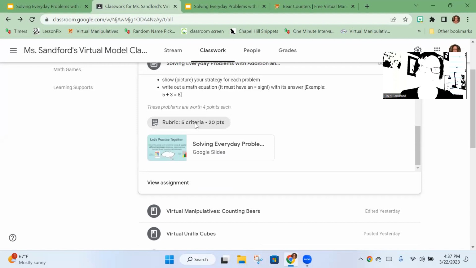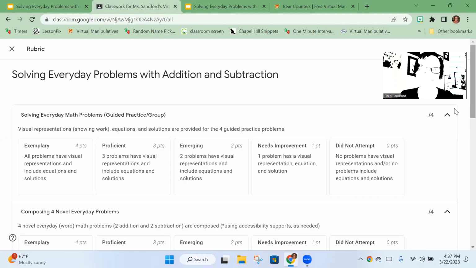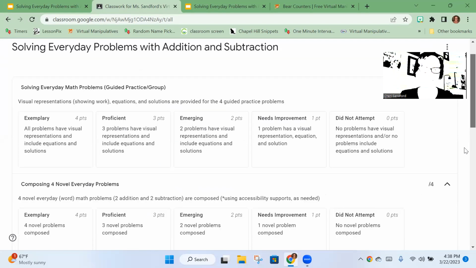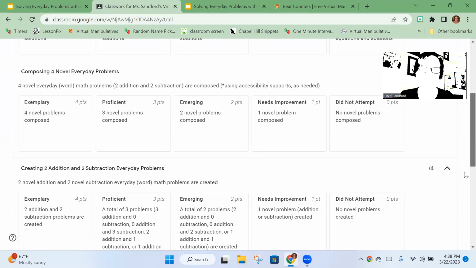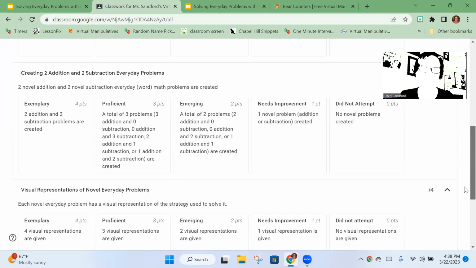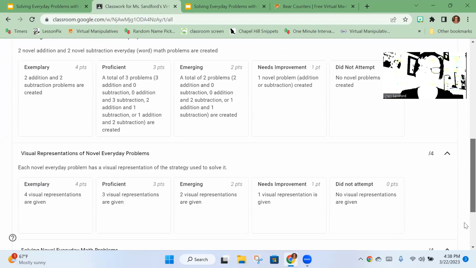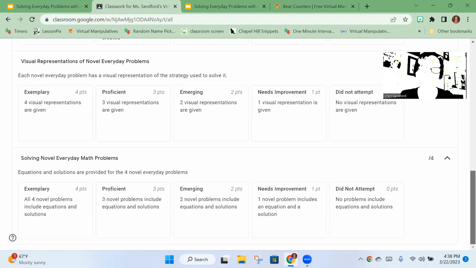The rubric for grading would be included, which would show that there are 4 points for going through the group problems together for guided practice. And then there are 16 points for various features of creating their own problems and solving them.